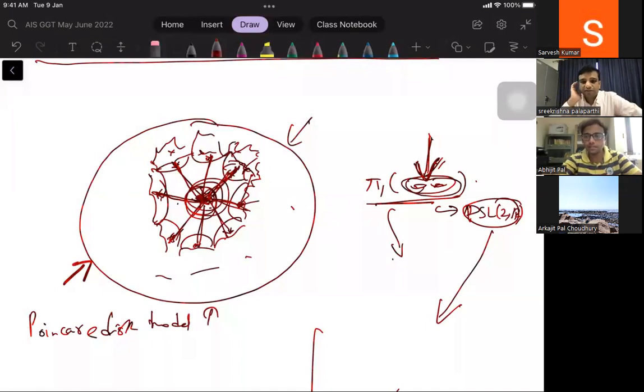There is something called the Mostow rigidity problem, for closed hyperbolic 3-manifolds. If I take two of those and the fundamental groups are isomorphic, then they will be quasi-isometric to each other.